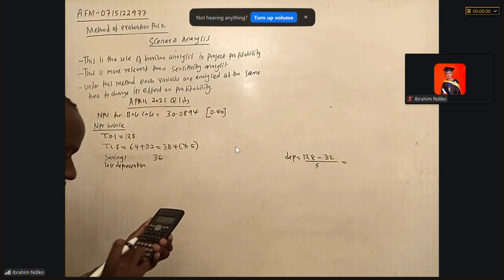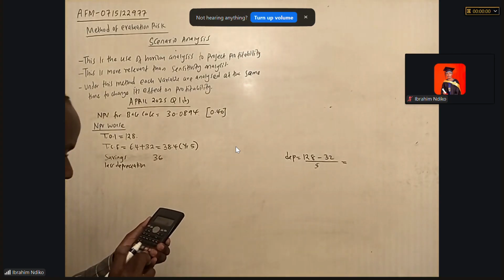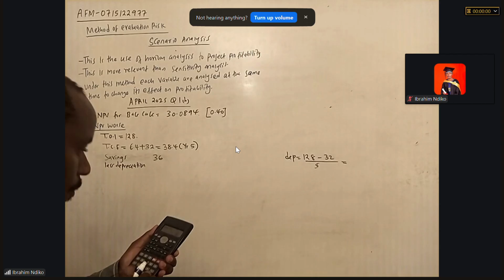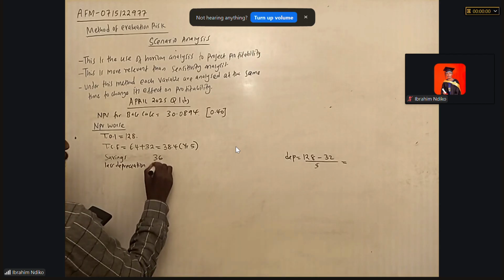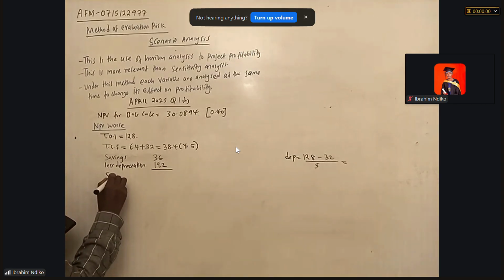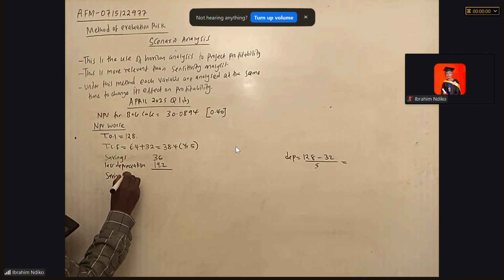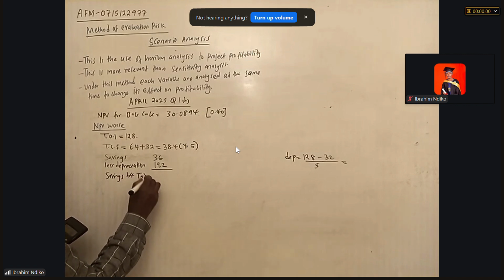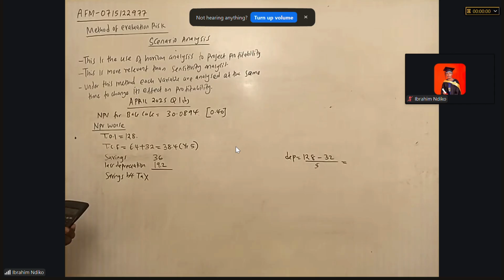It will be 128 minus 32 divided by 5. It will be 19.2. So we will have 7 before tax.